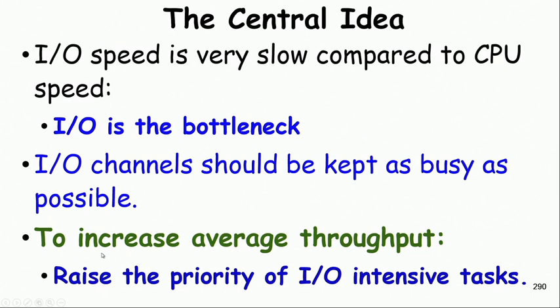To increase the average throughput, the priority of the IO intensive tasks needs to be raised, and therefore, the utilization of the CPU in the previous instance is computed, and if the utilization is low, that indicates that it is doing IO, then the priority of the task increases. Remember that in Unix, the lower the priority value, the higher the priority, and therefore, if the utilization is low, the priority increases.